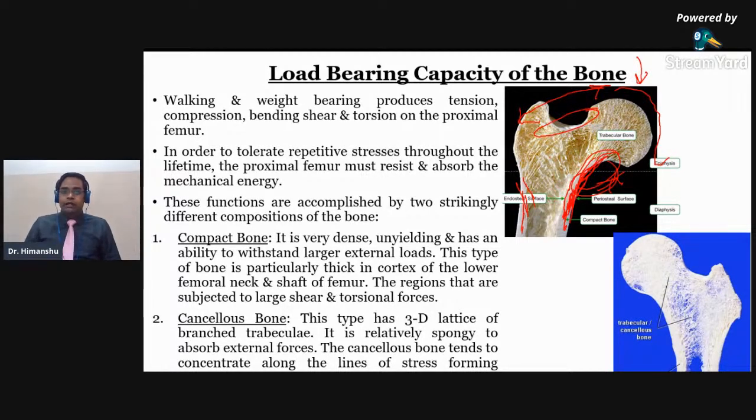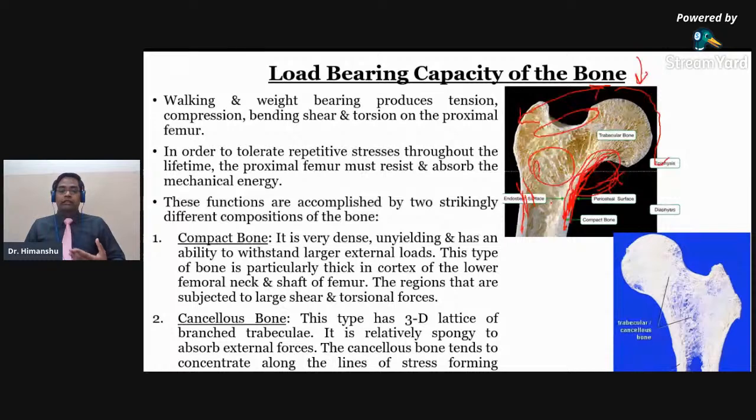So you can see there is an arrangement of 3D lattices, as we see in the crystal. You must have seen the structure of crystal lattices. A similar type of arrangement we see here in the form of bony lattices, or trabecular lattices. We call it a trabecular network. Okay, this bone is relatively spongy and helps to absorb the external forces.